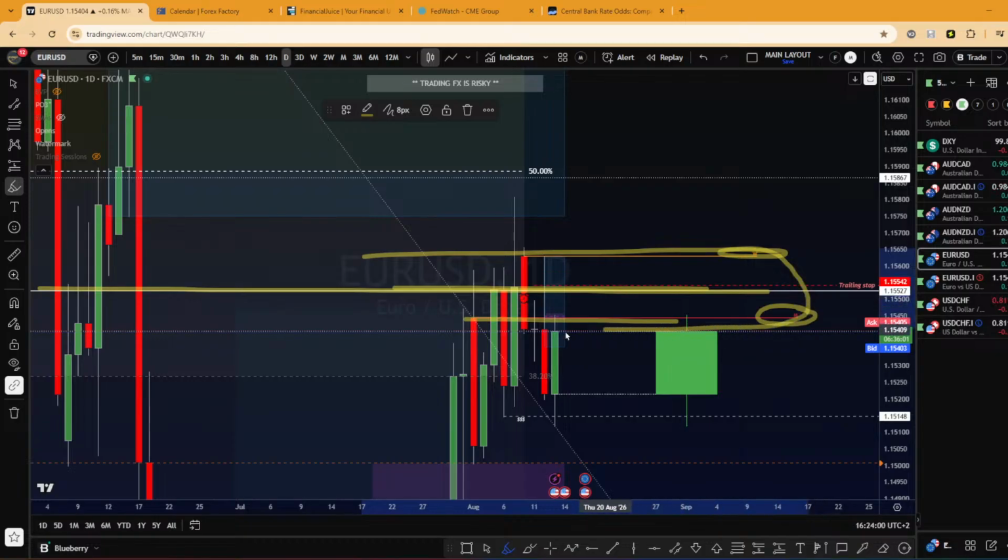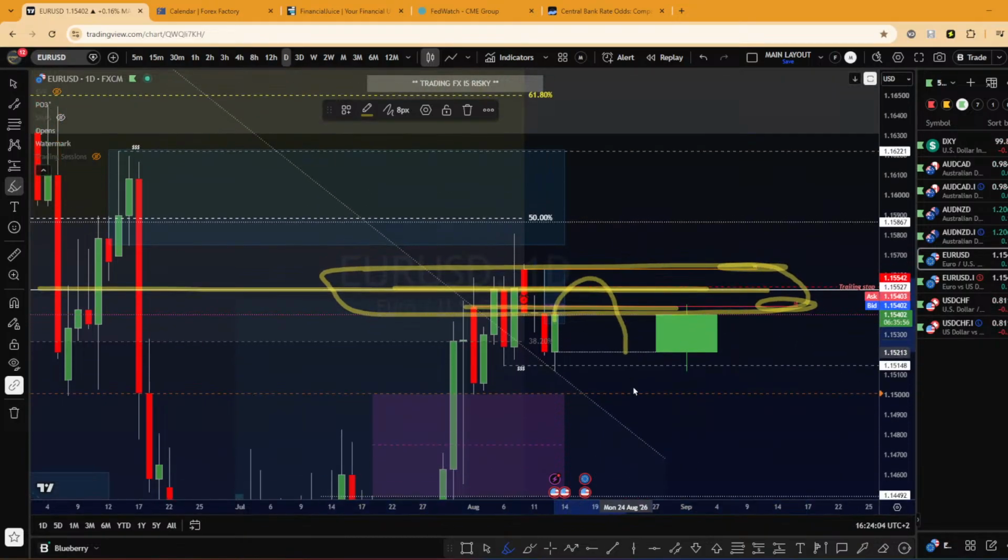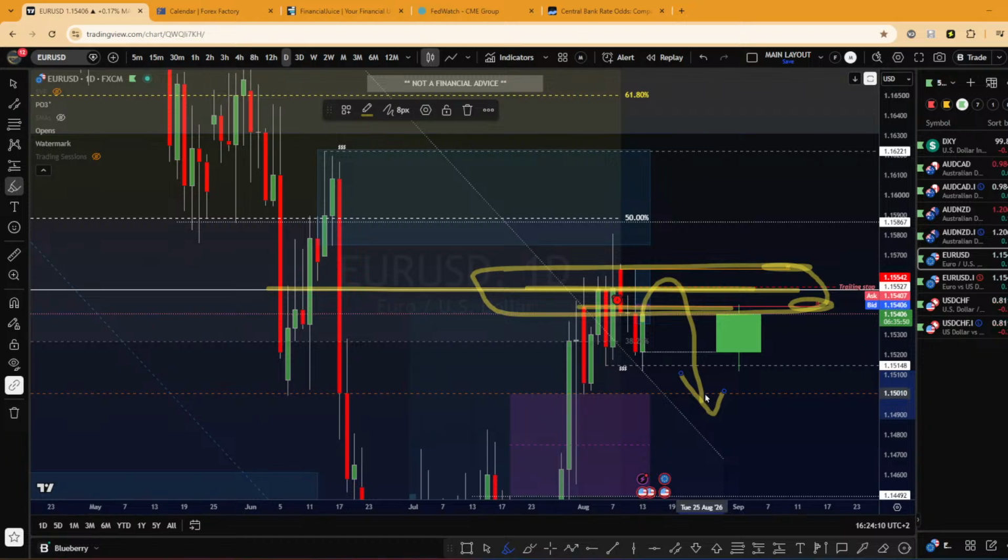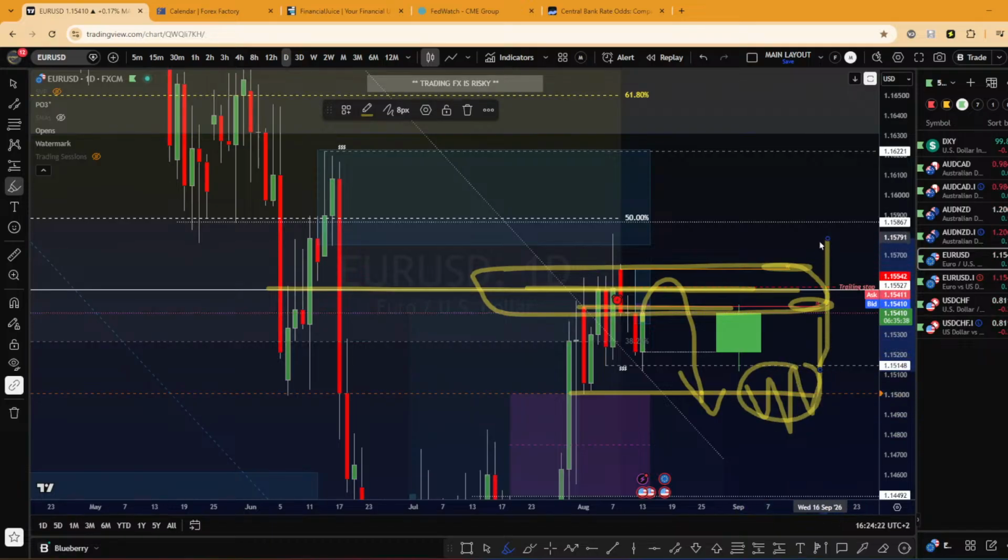All these levels are overlapping. For me, this is a resistance. At some point we need to reverse first, and for me it will be much more interesting to buy here and break this resistance from here, you see.